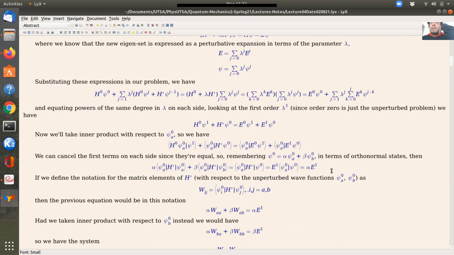Let's say that you have a Hermitian operator A that commutes with H naught and with H prime.